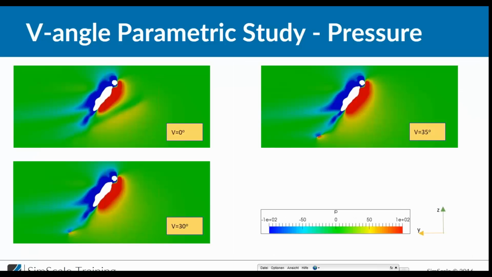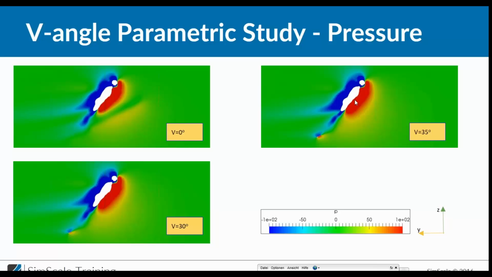And here again, we have prepared several slices through the flow field. So first of all, again, the pressure. And I think first of all, what came into my mind when I took a look at this picture is that as long as you have a V angle of 0, your skis are not inside this plane.